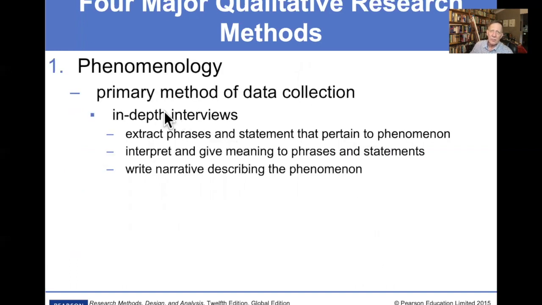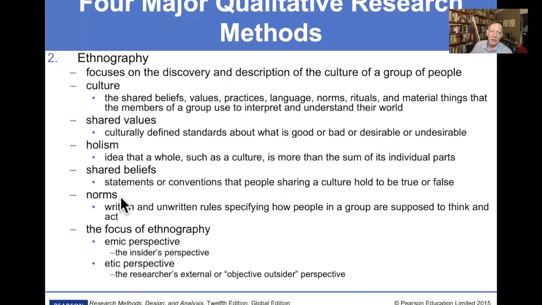All right, the primary method of data collection is in-depth interviews. You can also look at documents describing experience, ask people to write it down and describe it. Second method is ethnography.